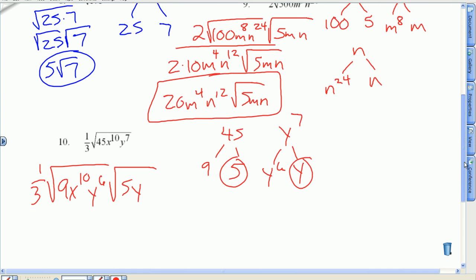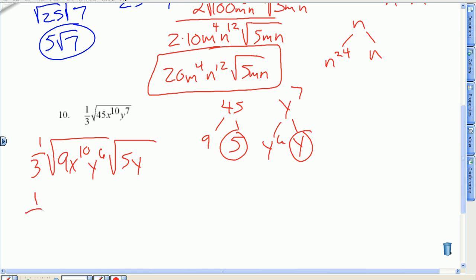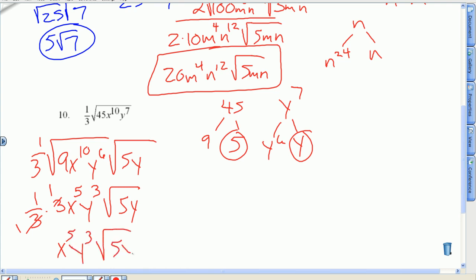So I got 1/3 times the square root of 9 is 3, the square root of x to the 10, the square root of y to the 6th, and then the 5y is hanging out. 1/3 of 3 is 1. These cancel each other out. You get a 1 here. So x to the 5th, y to the 3rd, radical 5y.